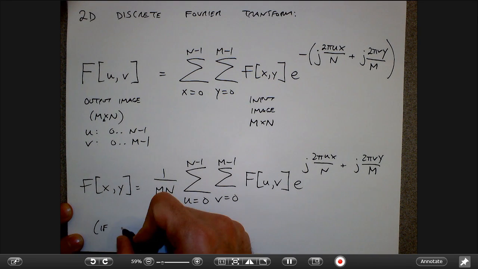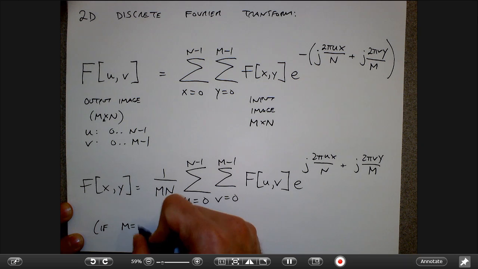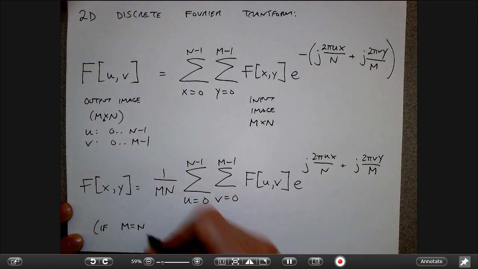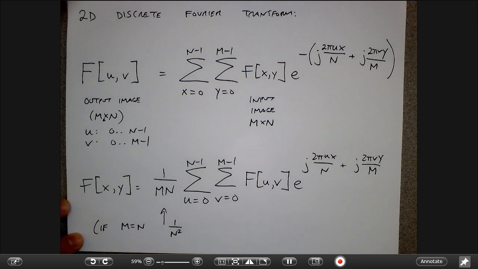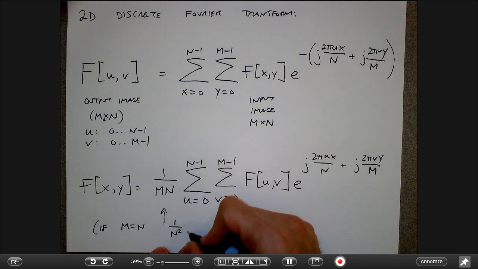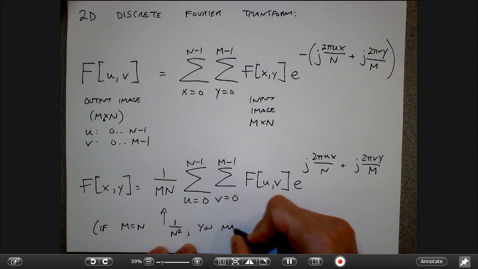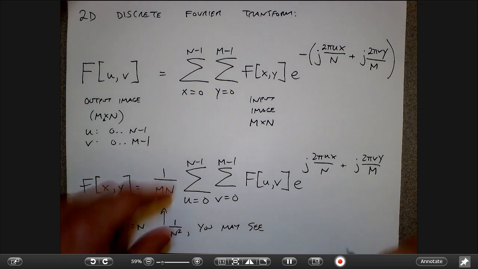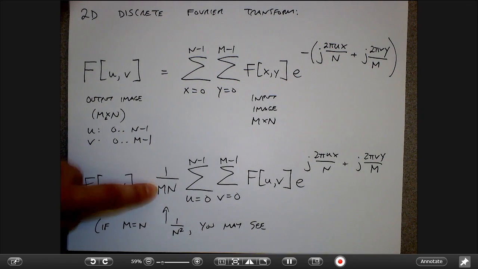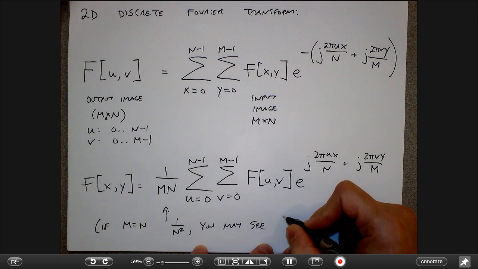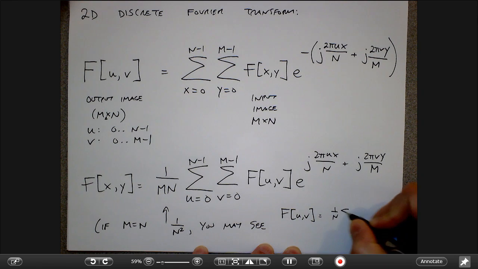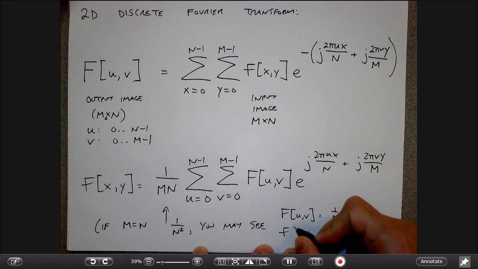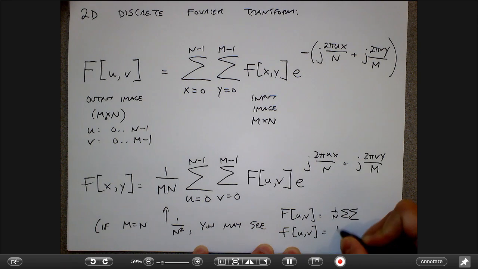Okay. And in fact, sometimes, let's just say that if you have m equals n, which means the image is square, then this thing becomes 1 over n squared. And just as a comment, sometimes instead of having the 1 over n squared here and nothing here, you may see the Fourier transform has a 1 over n, and the inverse Fourier transform also has a 1 over n.